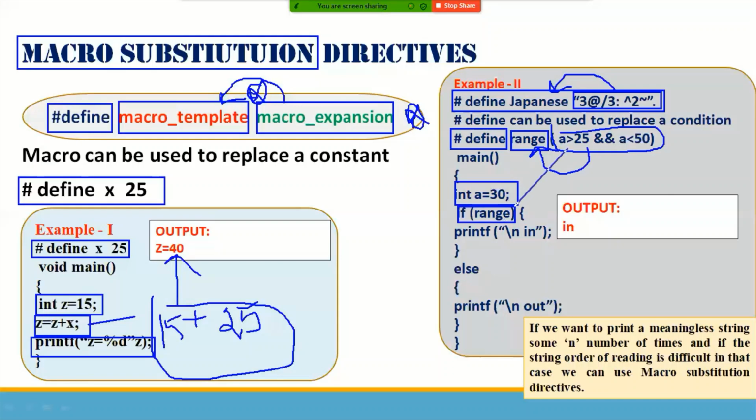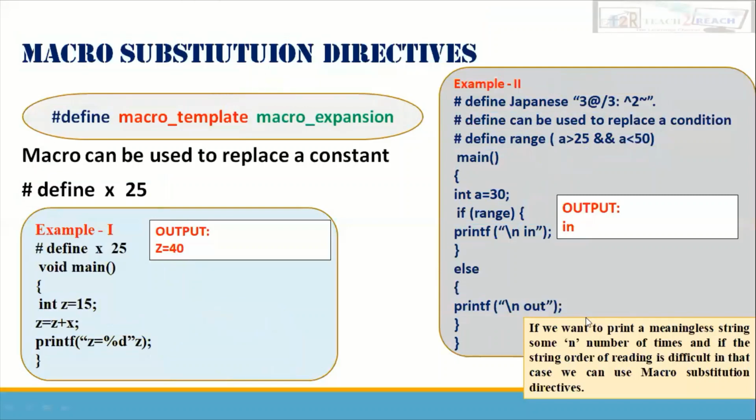That whole condition will be substituted in this place. That is, the value 30 is greater than 25, true, and less than 50, also true, so that printf statement will be executed and this output will be displayed. The output is "in". If this condition fails, then "out" will be displayed. That is about the macro substitution directive.